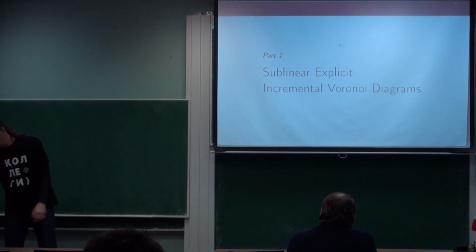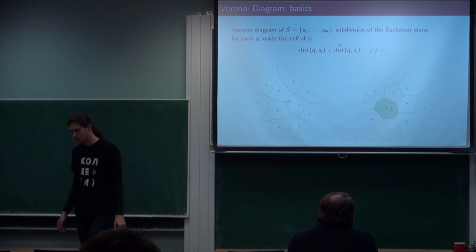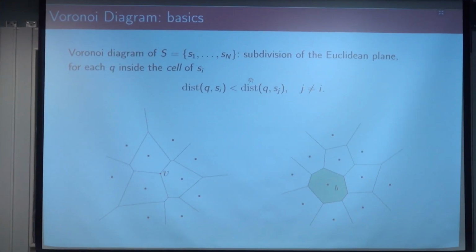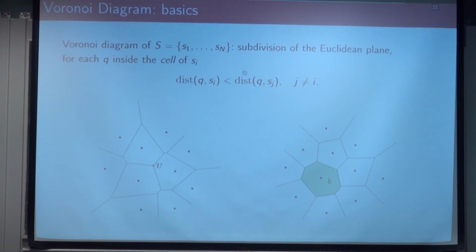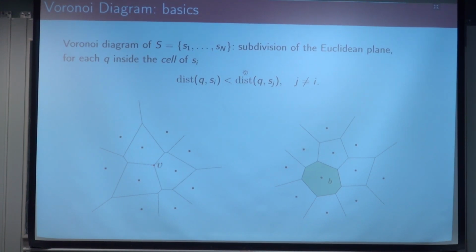So let us begin with the basics. What is a Voronoi diagram? If we have a set of sites, this is a subdivision of the plane into cells corresponding to the sites, such that the cell consists of points for which the site is closest among all the other sites.